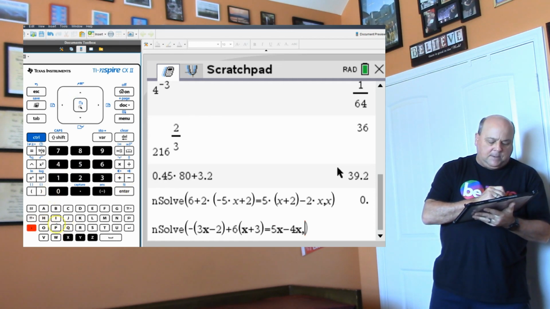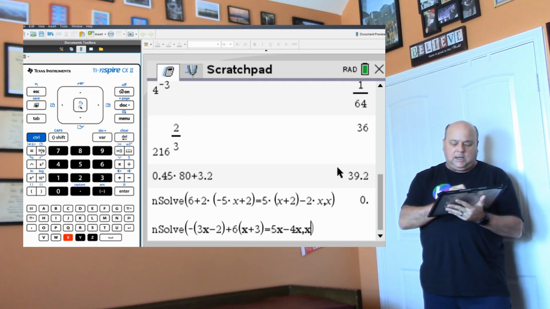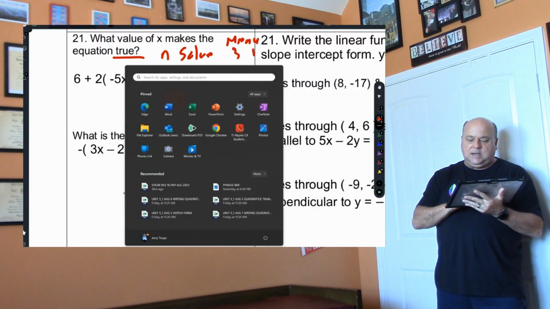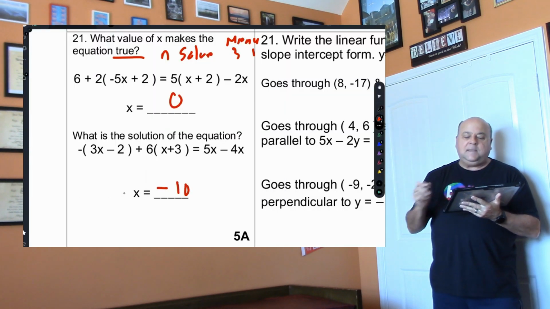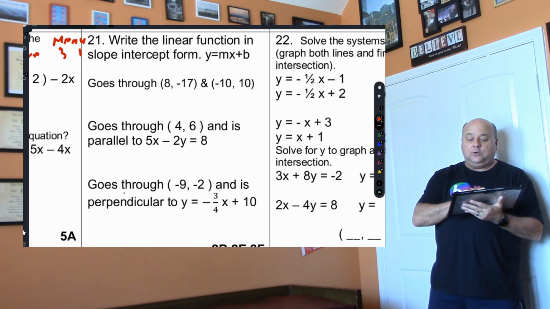And then you put comma x. Okay, so I have my problem typed in correctly, hit enter, and we get negative 10. So the solution to that would be negative 10, wouldn't it? Piece of cake. Make sure you do not miss a numerical solve problem on your test.